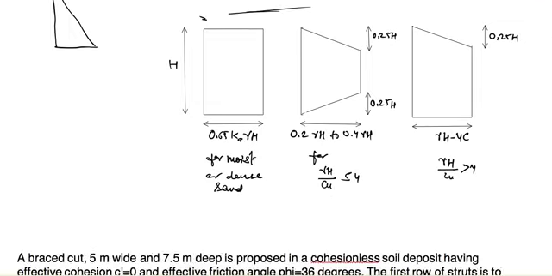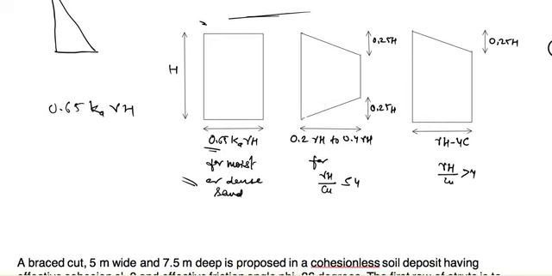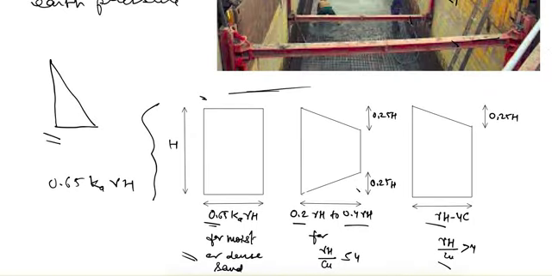So if it is a case of moist or dense sand, it is assumed a uniform pressure distribution with pressure intensity as 0.65 K gamma H, and in case of clayey soil, for gamma H upon Cu less than or equal to 4, it is taken as 0.2 gamma H to 0.4 gamma H with these offsets as 0.25 H, and when gamma H upon Cu is greater than 4, it is taken as gamma H minus 4C. So these are the pressure distributions we assume. We will not consider this triangular distribution for this case.